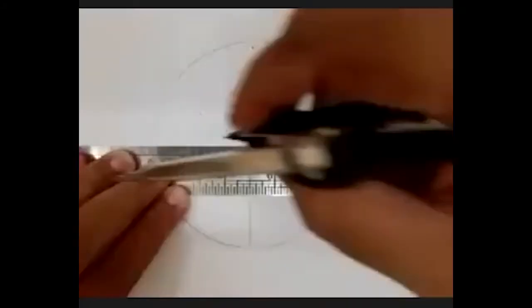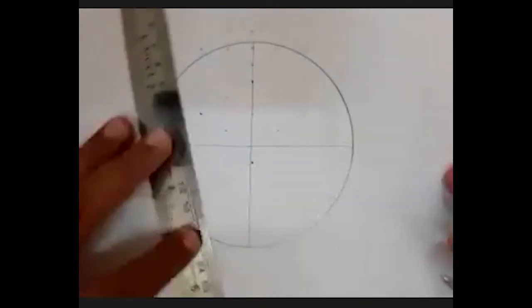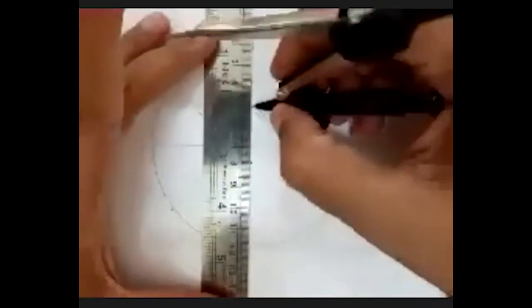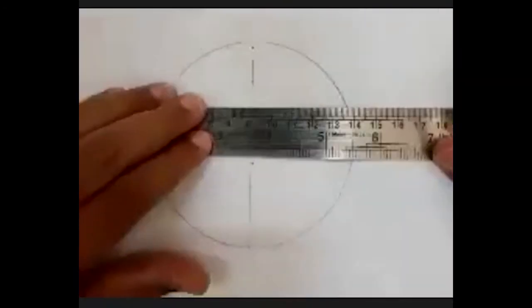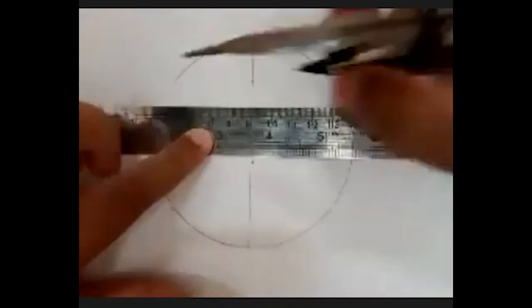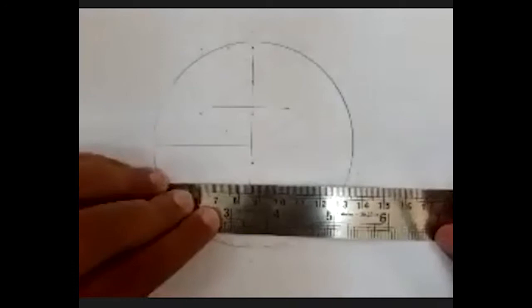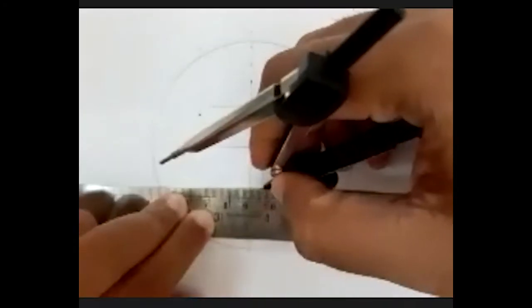I have one 40 mm square prism here. 40 placed centrally, that means 20 above and 20 below. So I'm going to draw a square prism of 20 above and 20 below.